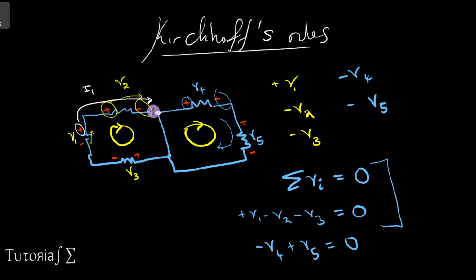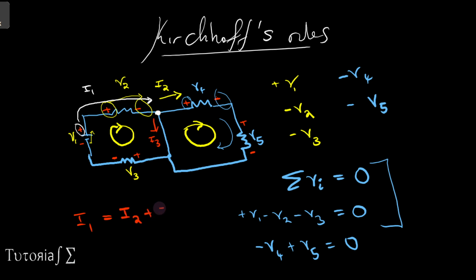If current reaches a particular junction, it splits. So there will be some current going in that direction, which we're going to call current 2, and some current which will go down here, which is current 3.